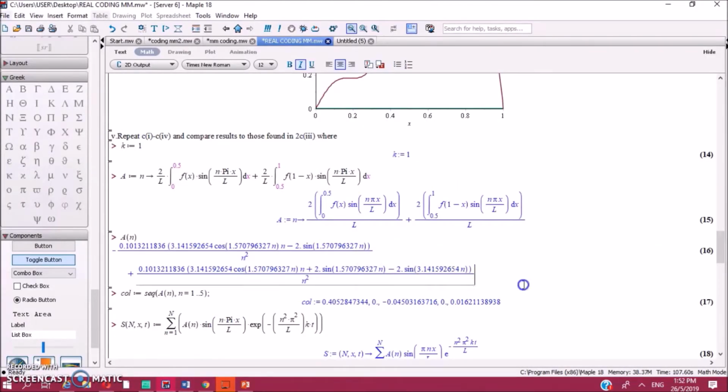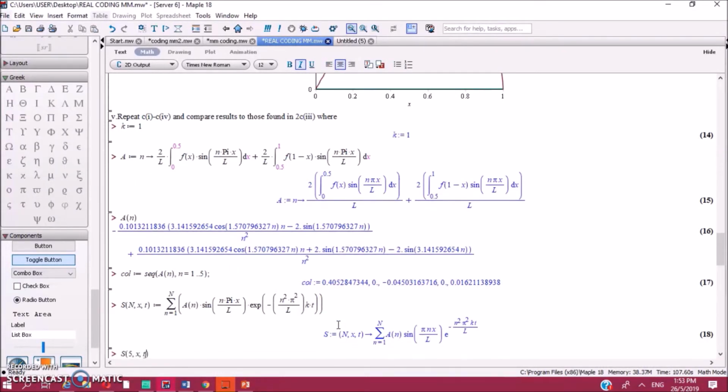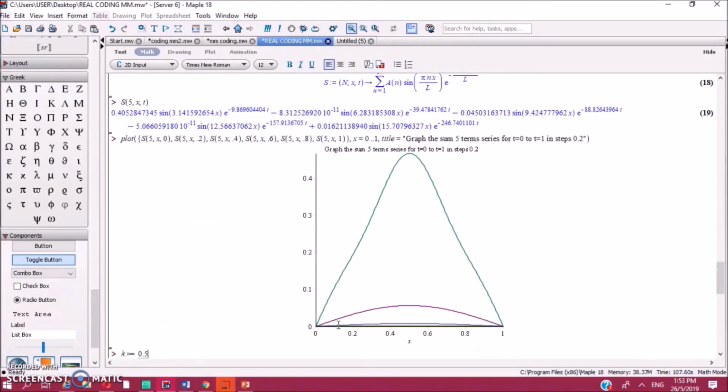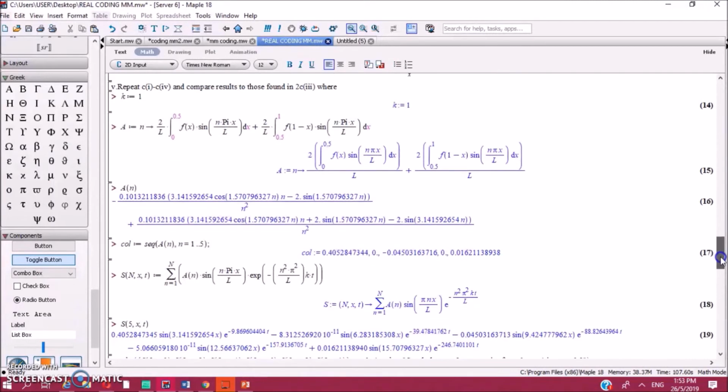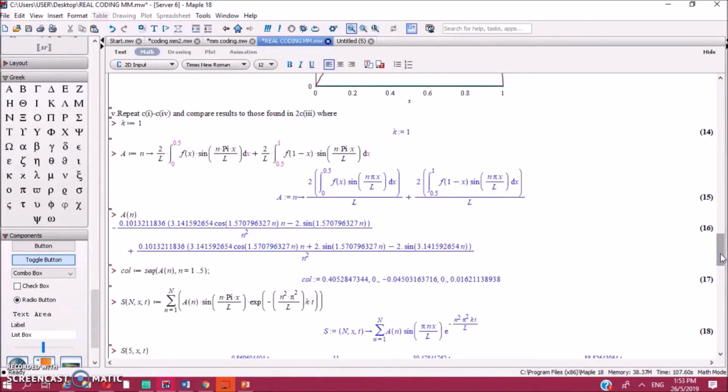I insert the equation given, and this is my new Bn, but I put it here as An to avoid confusion. I put this equation that was given like this, press enter, and it will appear like this.